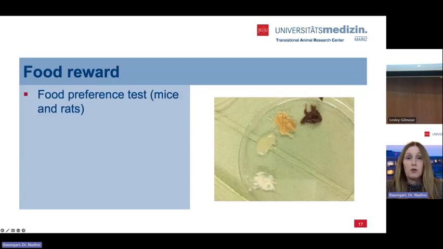But you can also use liquids, or there are different things which can be used. With mice and rats, we always end up with white chocolate spread, which they like best. For our gerbils, for example, we use pumpkin seeds, which we cut in really small pieces so that they don't eat that long from the pumpkin seed.